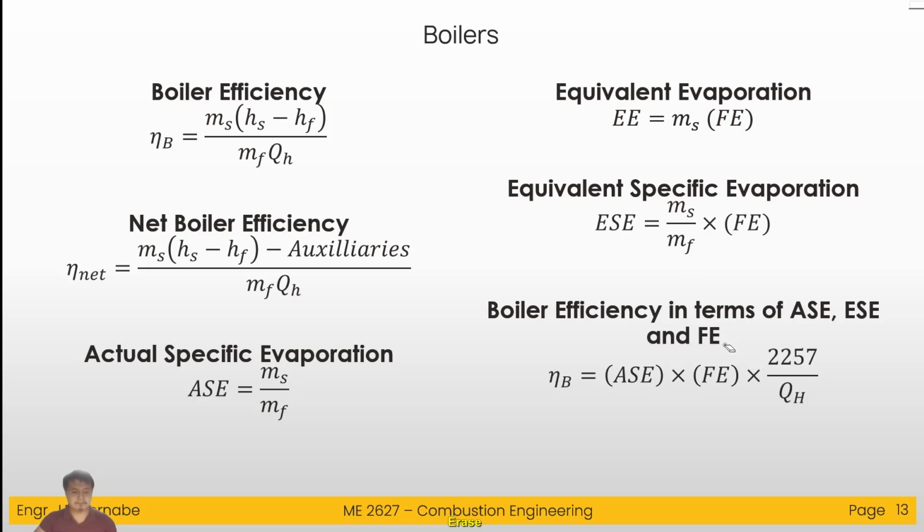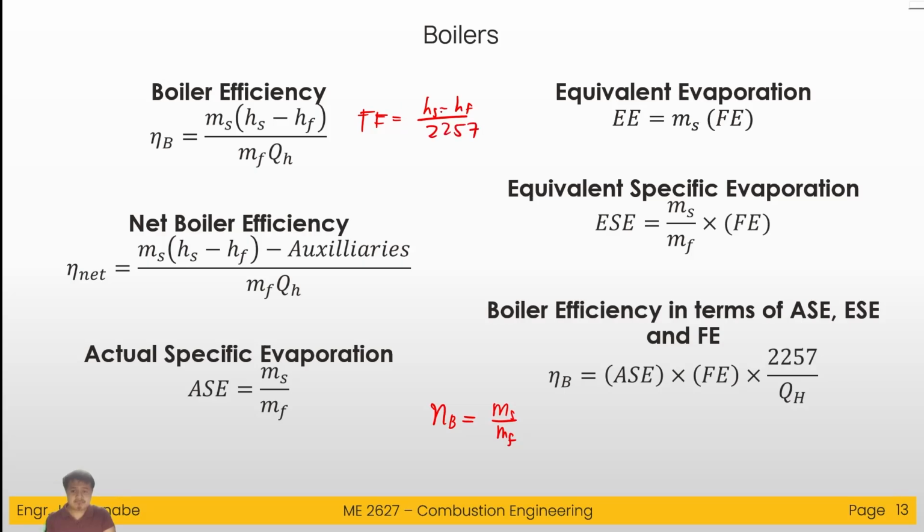And then the boiler efficiency in terms of ESD, ESE and FE. If you combine everything here, we can also say this. The boiler efficiency is just MS over MF, and then you have QH left. The factor of evaporation, as we know, is equal to HS minus HF over 2257.